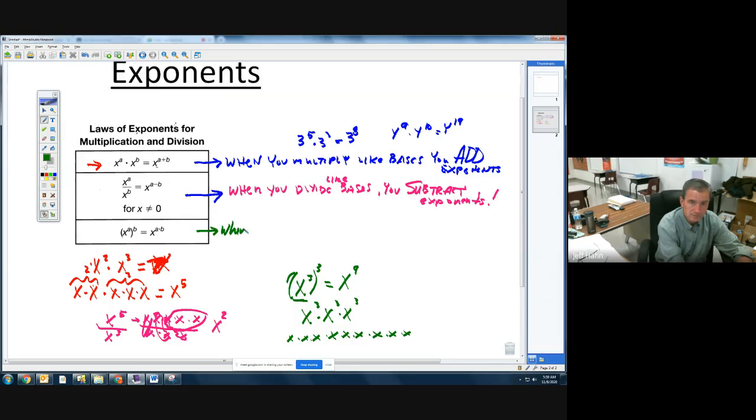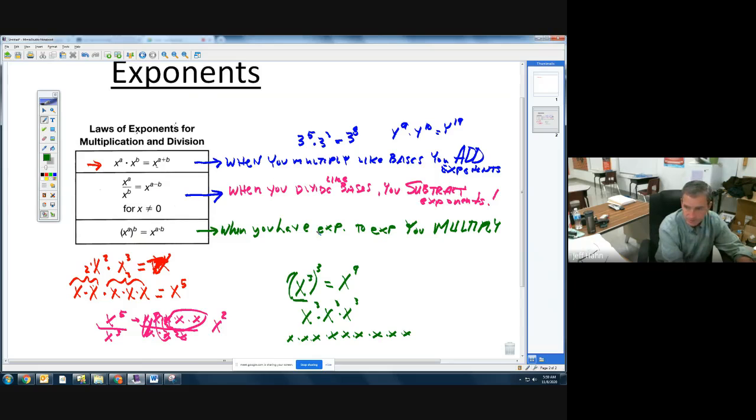When you have exponents to exponents, you multiply. I'm going to work on my handwriting, by the way. That's why they have here x to the a to the b power is x to the a times b power.